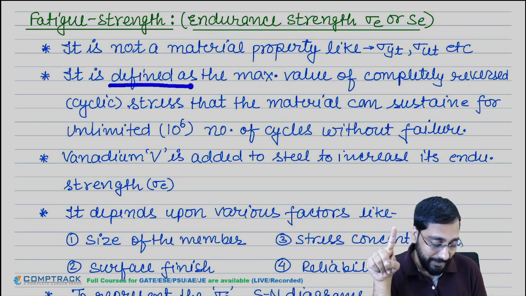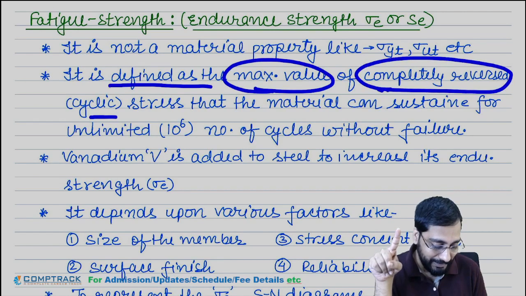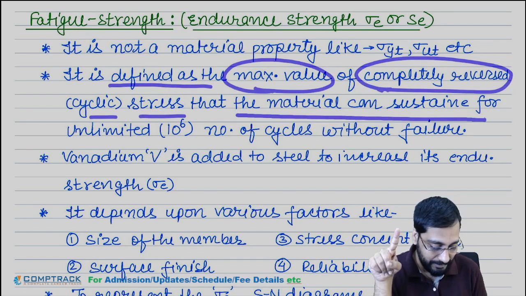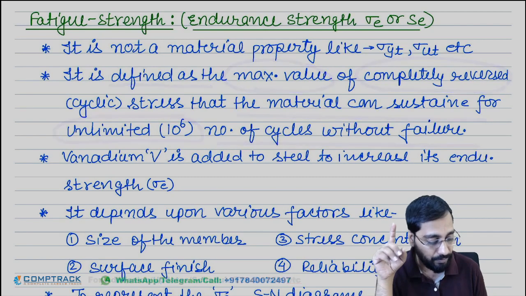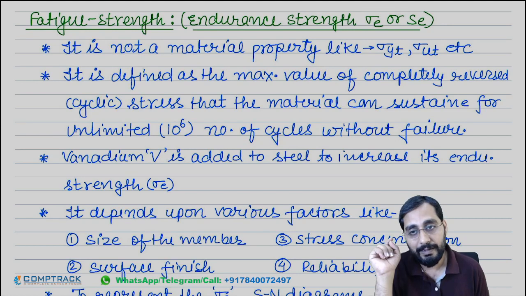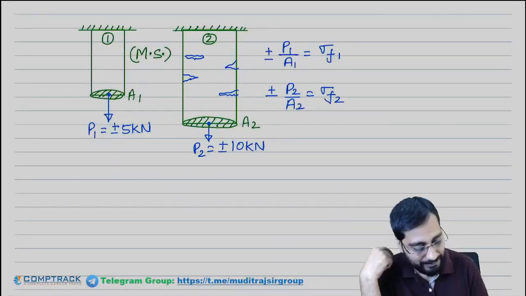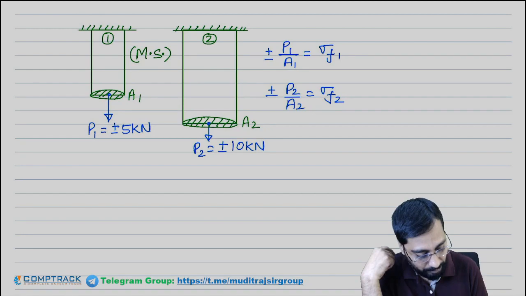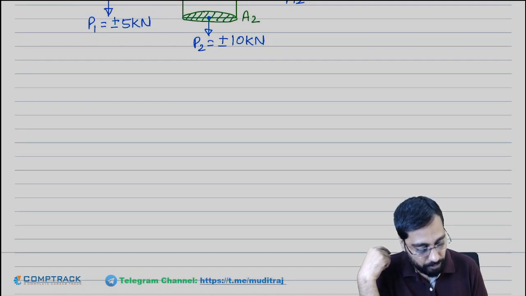It is defined as the maximum value of completely reversed cyclic stress that the material can sustain for unlimited 10 to the power 6 number of cycles without failure. What does that mean? Look here. Let's say this is the member.